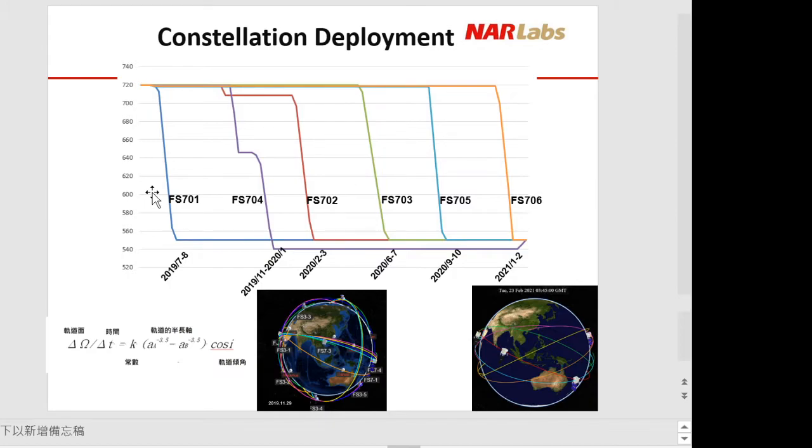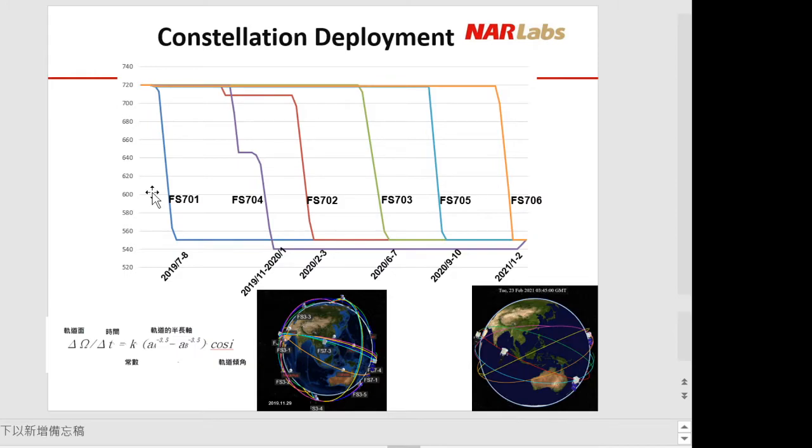So, as I mentioned before, if you remember, for Formosa 3 and Formosa 7, we need the constellation in different orbital planes. How do we achieve that? Please remember that the Earth itself is not a perfect sphere. It's a little bit fatter in the direction of the equator, and a little thinner in the polar direction.